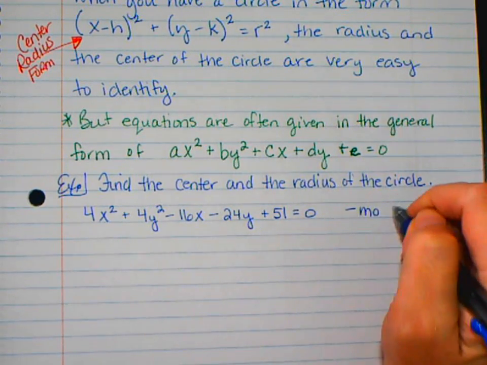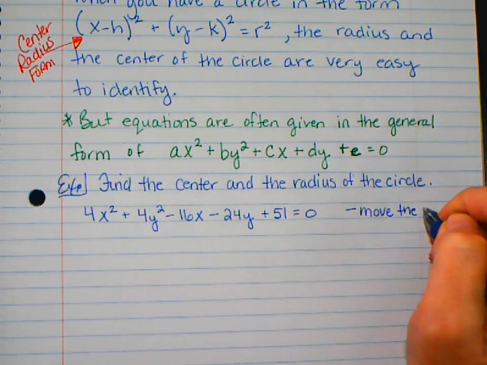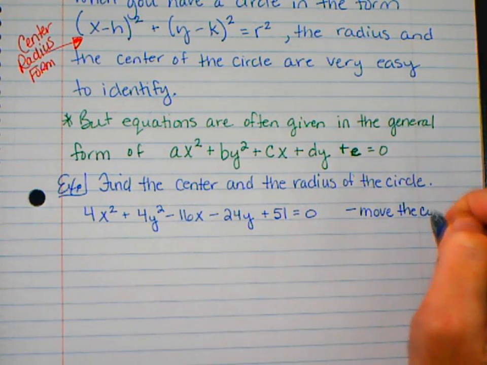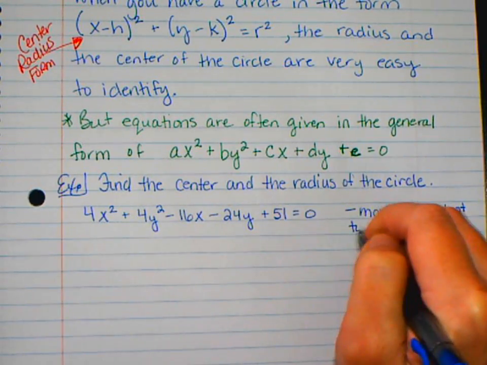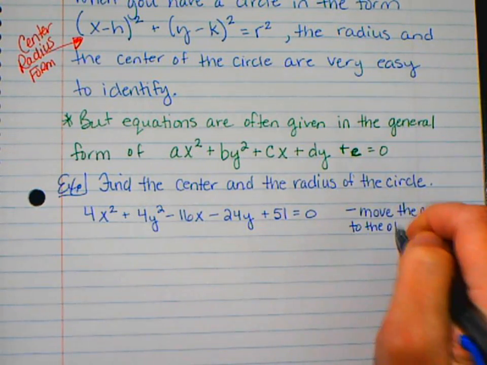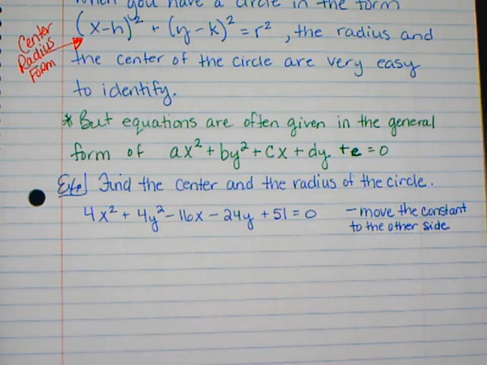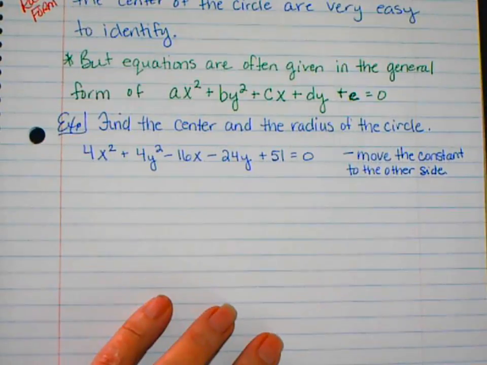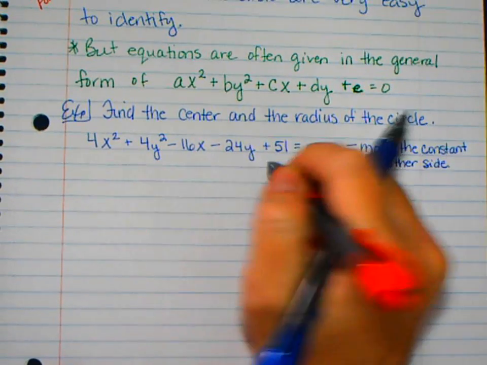So move the constant to the other side of the equation. Remember, a constant is the number that doesn't have a variable. Constant, C-O-N-S-T-A-N-T. Move the constant to the other side. So, we can do that.